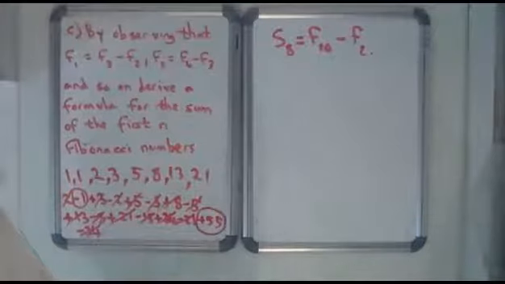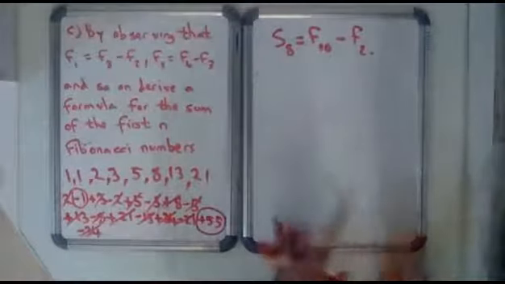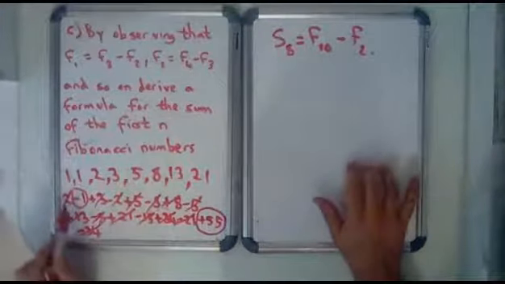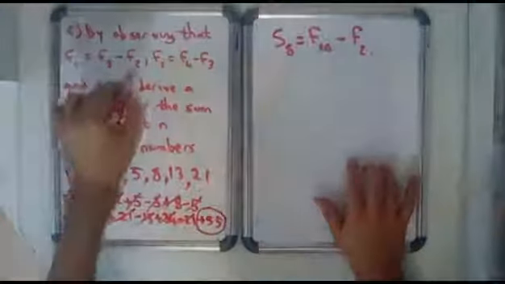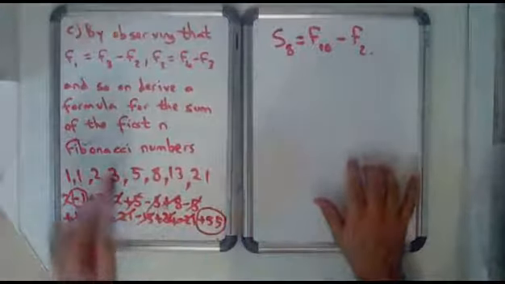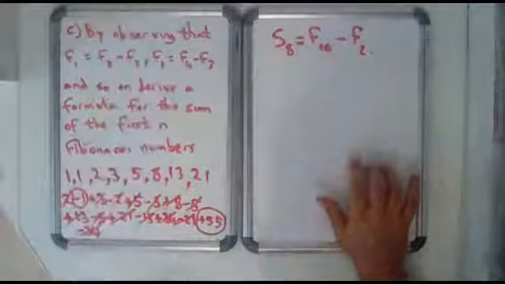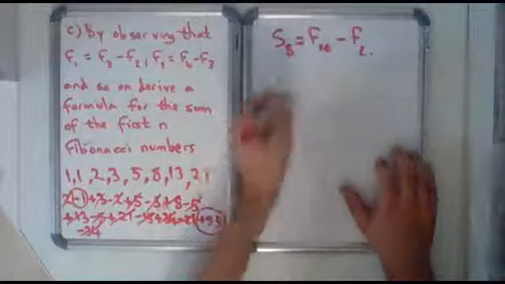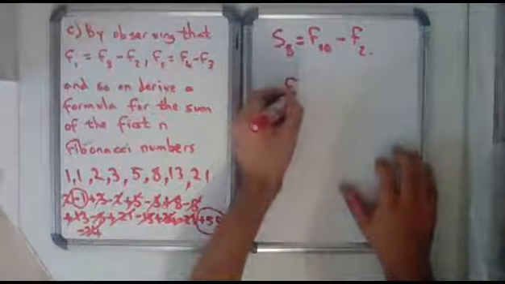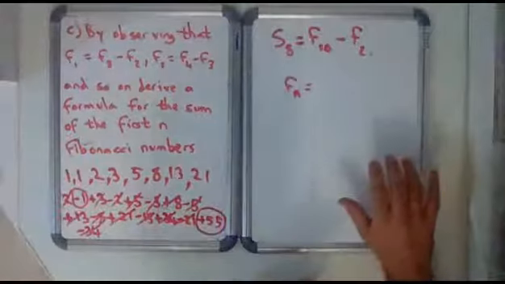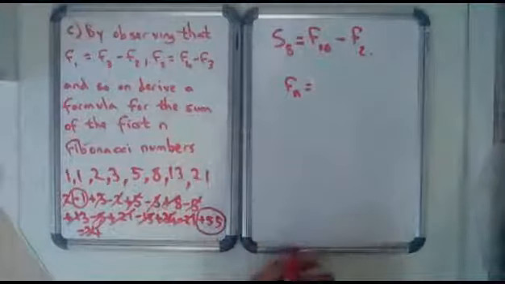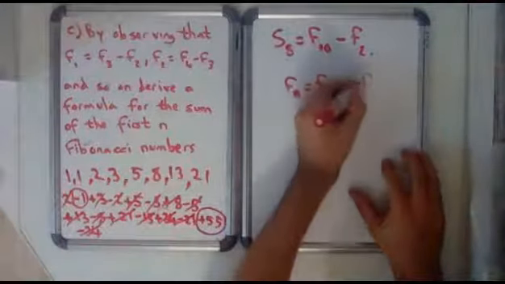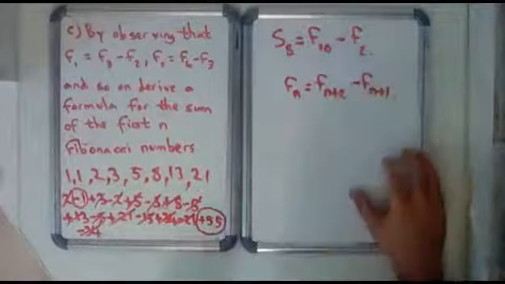Now, we've not been asked for the sum of the first 8 terms, we've been asked for the sum of the first n terms. But if you think in terms of this sequence, this 2 minus 1 is F3 minus F2. The next 3 minus 2 is F4 minus F3, and so on. So we have all the way up to Fn equals, remember F8 was F10 minus F9, so Fn must be Fn plus 2 minus Fn plus 1.